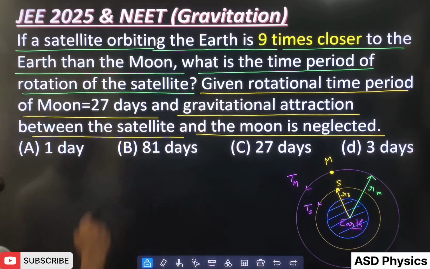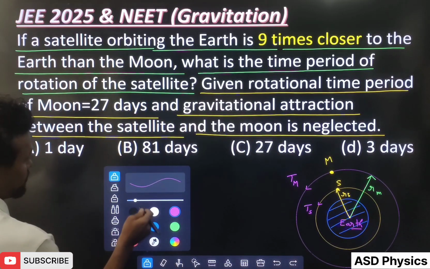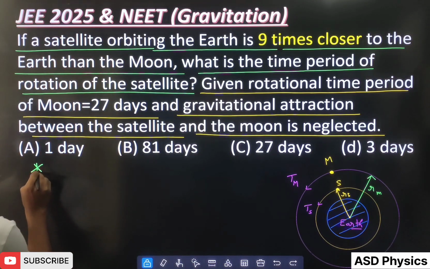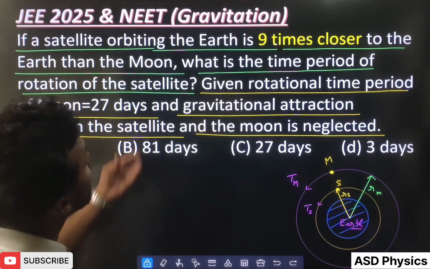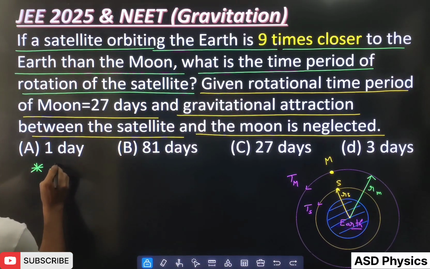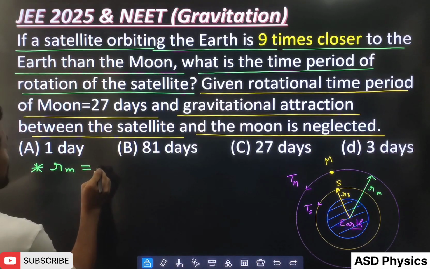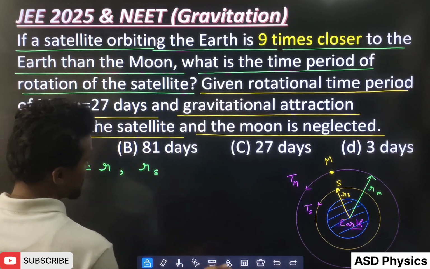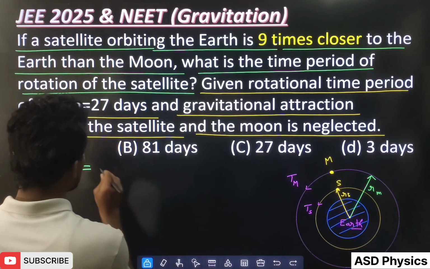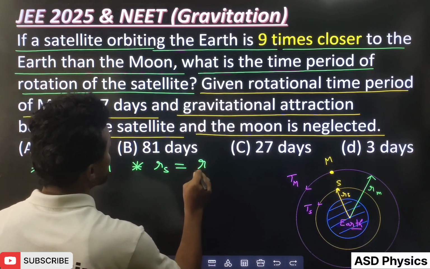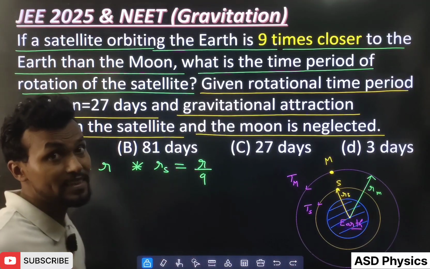So students, if we look at the question, we'll just note down some data. Kindly see here. The first data is that they are telling that the satellite orbiting the Earth is 9 times closer. That means, for example, if the orbital radius of the Moon is R, then the orbital radius of the satellite will be R by 9, because it is 9 times closer.